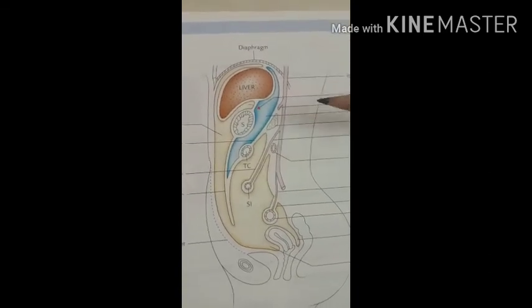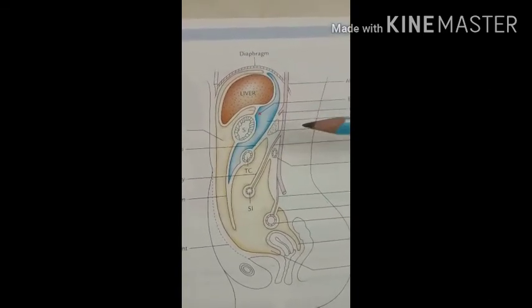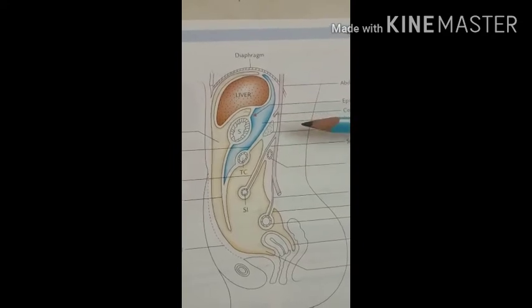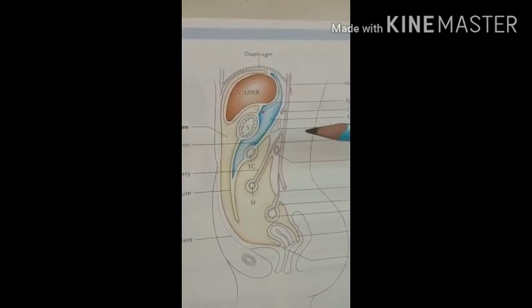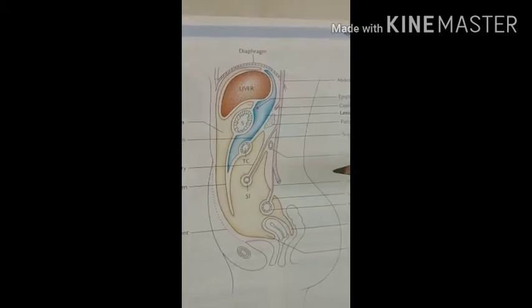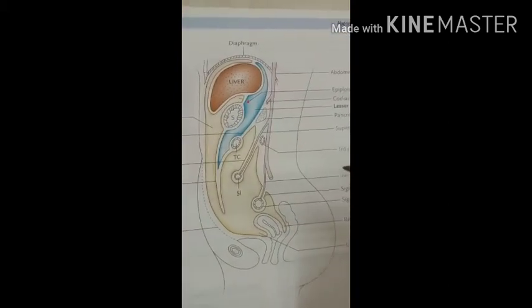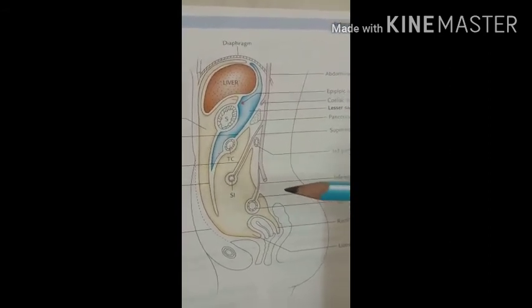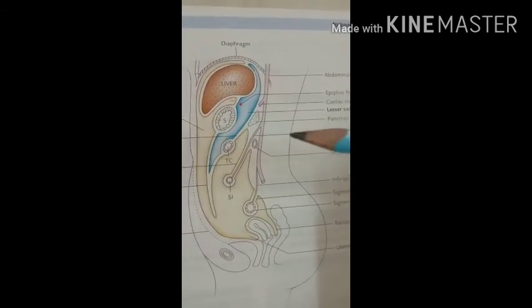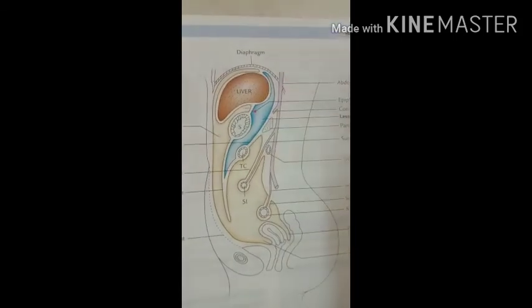Okay. After this we have to see the submucosal layer. It consists of loose connective tissue, and within this layer the vessels, nerves, lymph vessels, and various amounts of lymphoid tissue are present. The blood vessels consist of arterioles, venules, and capillaries.